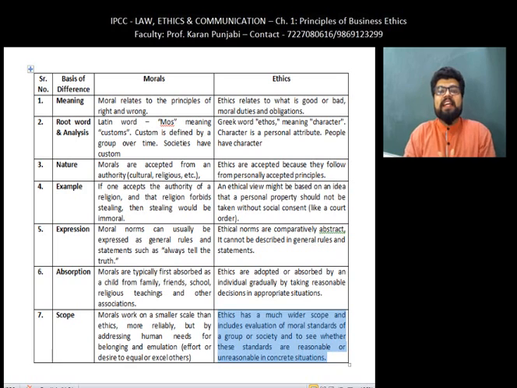And when these ethics become so powerful that they start questioning your morals, at that point of time ethics, from a personal point of view, become the point of view of a large audience. And when they become the point of view of a large audience, they end up changing the morals and they become morals. Okay, students, thank you so much.